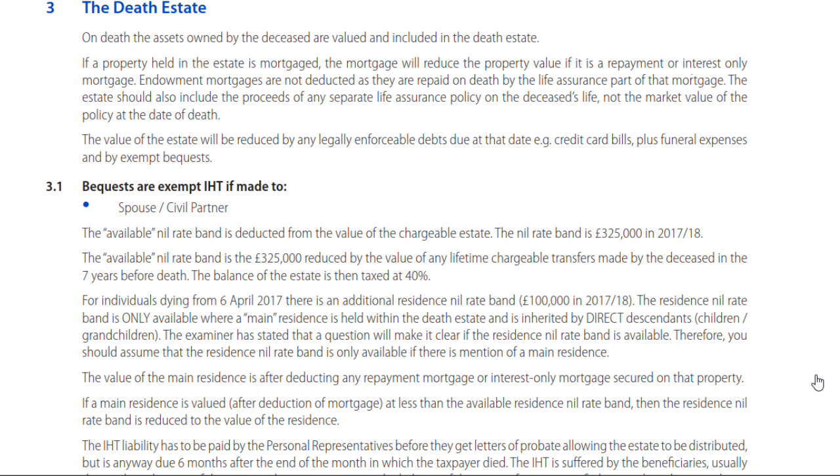That would firstly be applied on a first-come, first-served basis, on a chronological basis, against those lifetime transfers made within the 7 years before death. We spoke of transfers being made 6 years before death, 4 years before death, 2 years before death, and the available nil rate band of 325 used in that order, thus benefiting the earlier transfers before the later transfers.